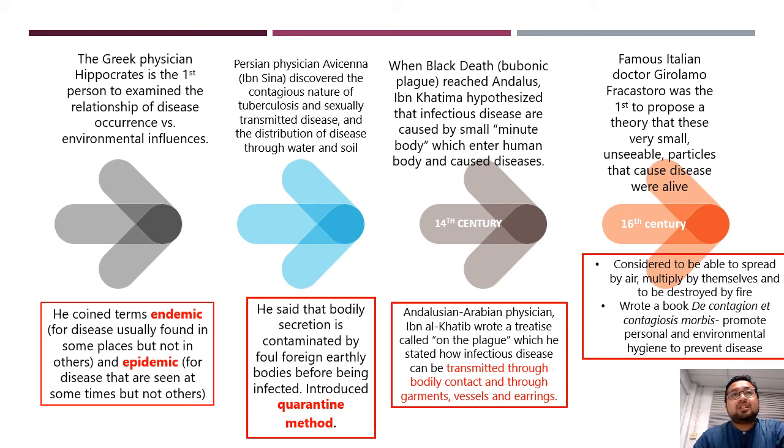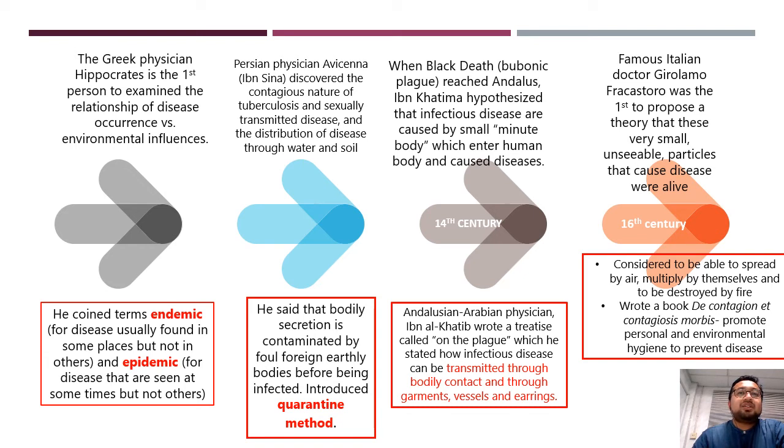Okay, so after that, Persian physician Avicenna, Ibn Sina discovered the contagious nature of TB and STD and the distribution of disease through water and soil. Okay, so some diseases ada yang disebabkan oleh sexually transmitted, ada daripada environment, water and soil, ada yang daripada droplet.